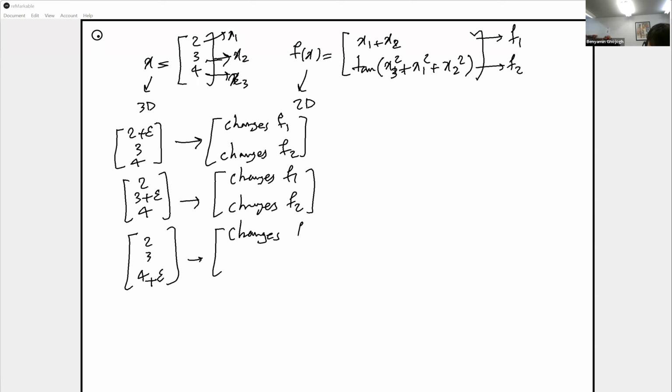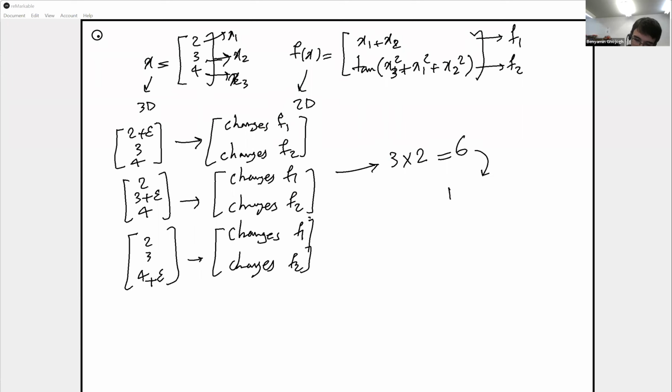Changes F1, changes F2. How many cases could we analyze? Every element of x will change or tweak every element of F. 1, 2, 3, 4, 5, 6. Six cases. In other words, 3 cases for input change, 2 outputs, 6 cases.